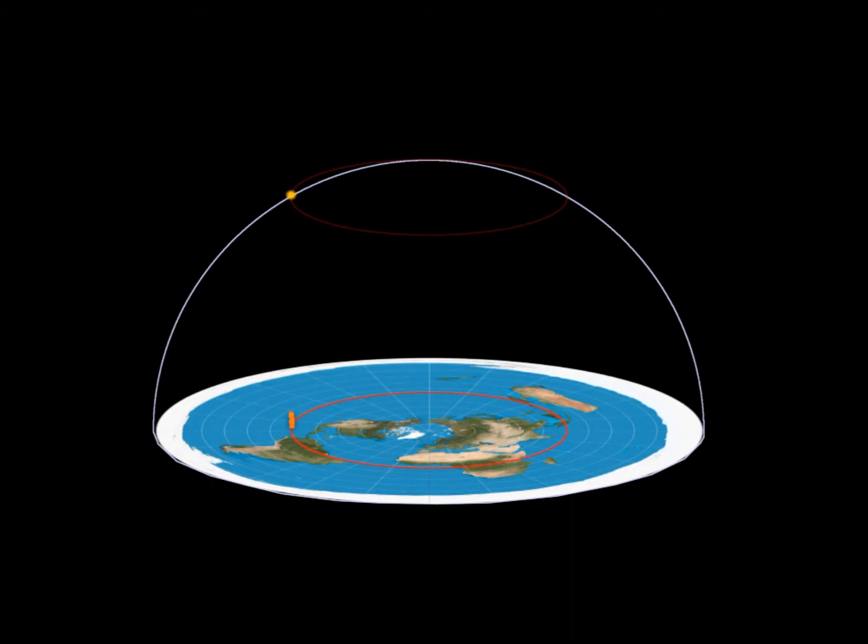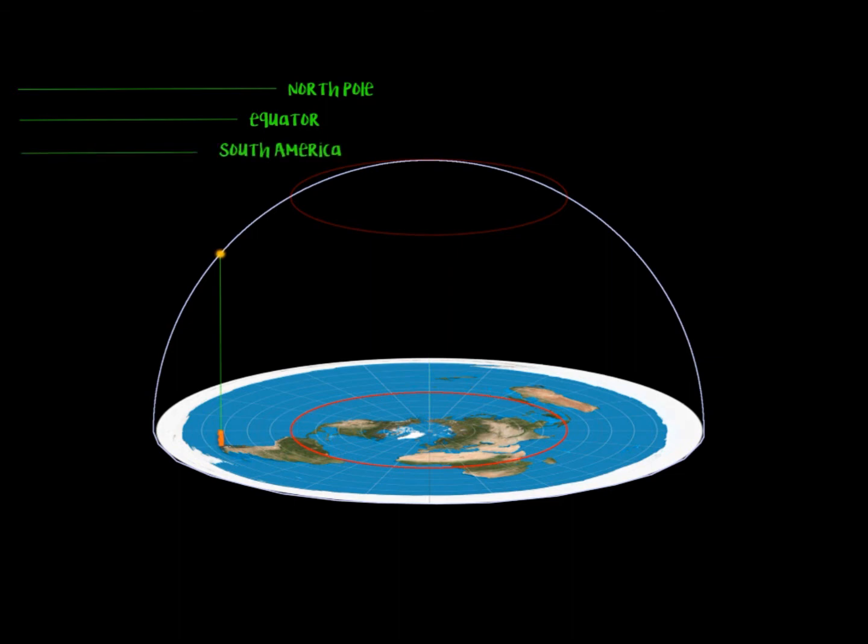But it gets weirder. A star directly above a person at the equator is closer than a star above the person at the North Pole on a flat Earth. And a star above a person, say in South America, would be much closer. But wait, when this person in South America looks at the horizon, the stars should be even closer.